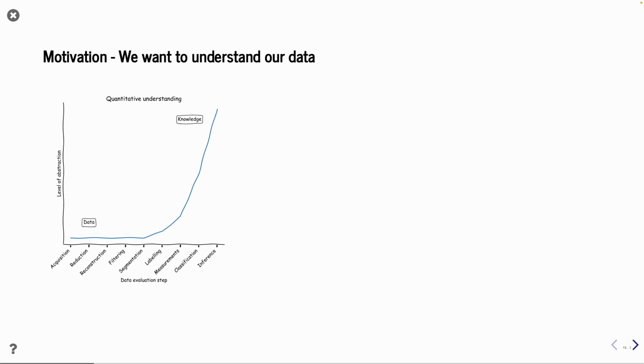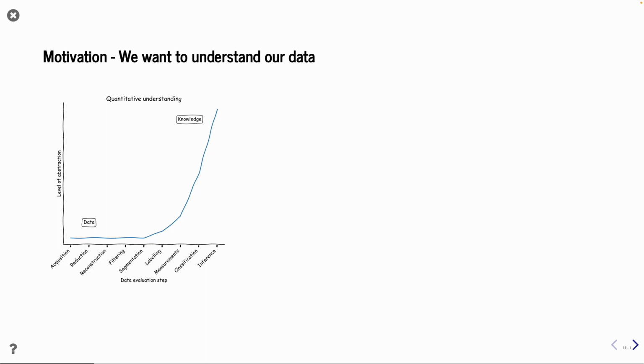Then it starts getting an increasing level of abstraction. When you start doing measurements, for each region you can do some measurements, whether it's the gray level or the shape in some sense or position. And that also increases the level of abstraction.